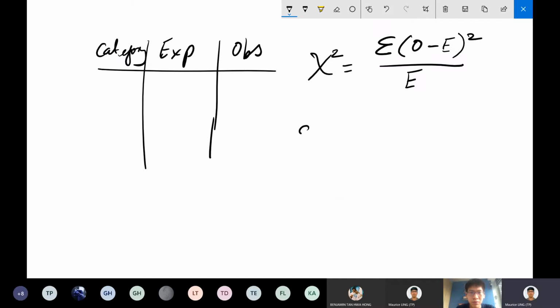What happens in this equation is the degrees of freedom. In this case, how is the degrees of freedom calculated? Anyone can help? The degrees of freedom is 1. No. What is the equation for degrees of freedom in this generic case?